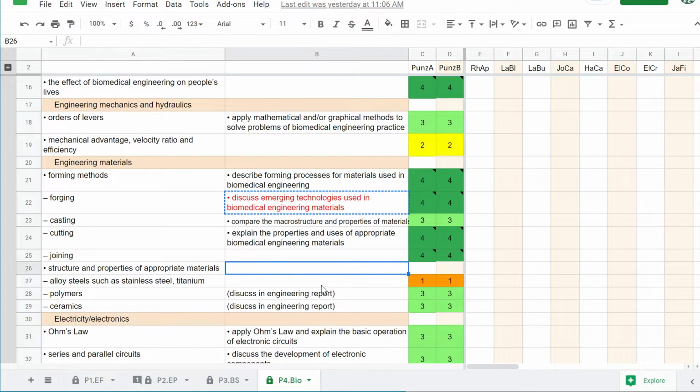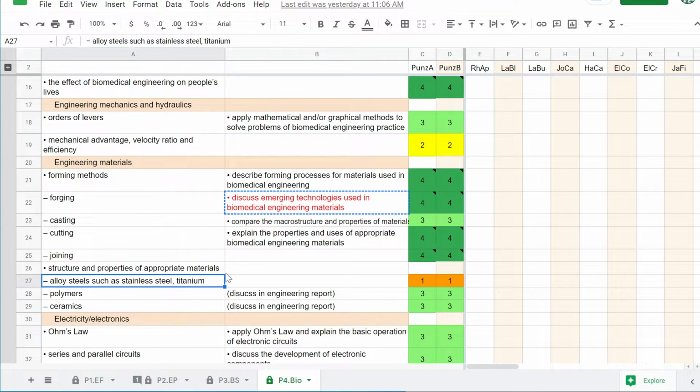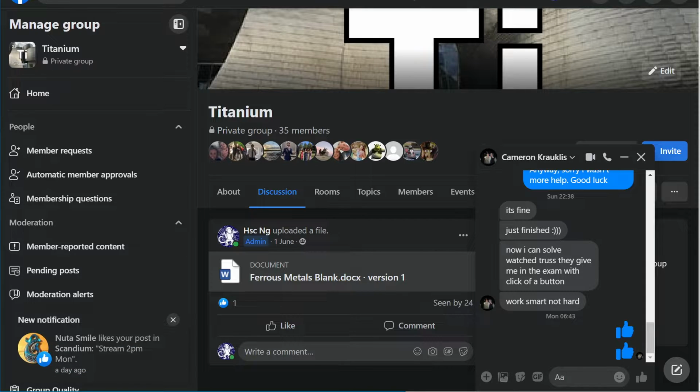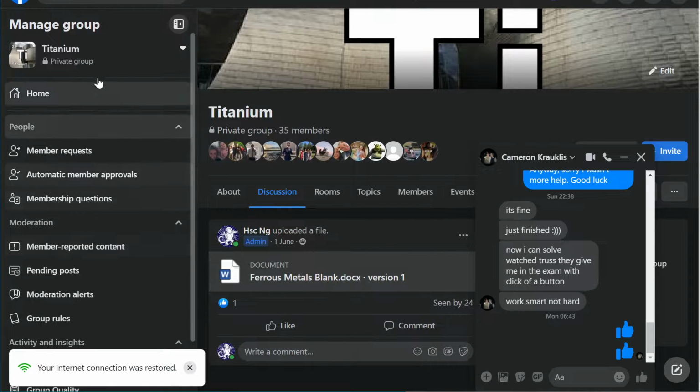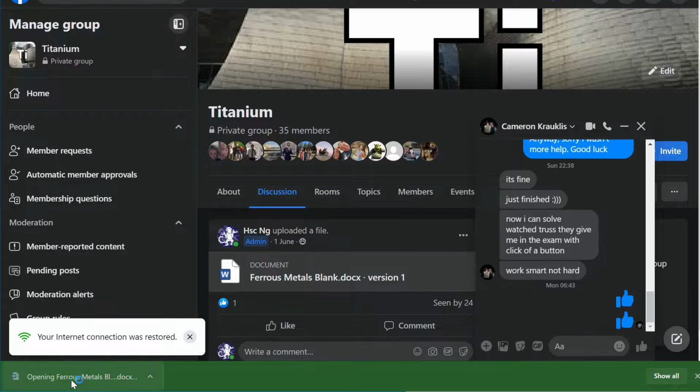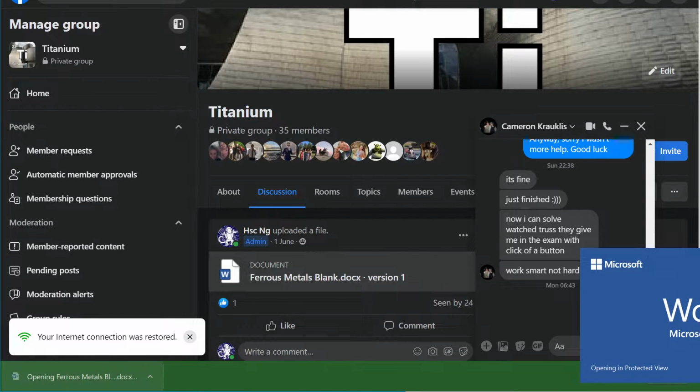Okay, so for titanium, we've spoken about it. In terms of alloy steels, we've done a whole thing on alloy steels. When I did my Zoom classes the other day, I made sure that my students were aware of that. But I'll just show you what I mean. Here we go, I happen to have it open. The ferrous metals document, I was going to put a picture on this, but I didn't. You should be familiar with this document.